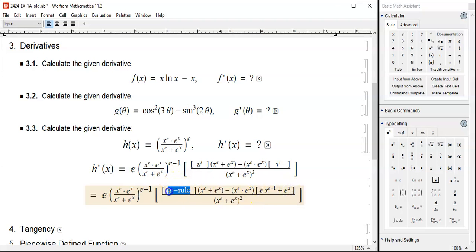How about the numerator? That's going to be the product rule because we have product of two functions. Okay, let's go ahead and do that. The derivative of the numerator. Okay, is everybody happy now?